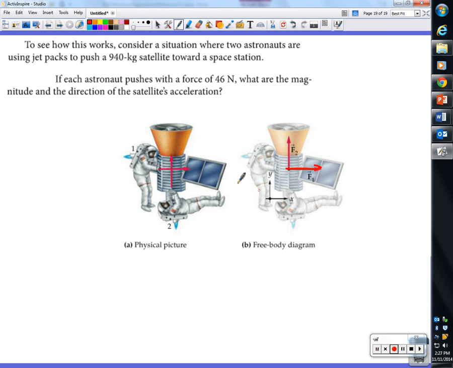This is F1, and then we moved F2 to go like this, and then we found the resultant just like that. But if this was F1, this is F2, and then let's say we have a third force like this, which is F3.